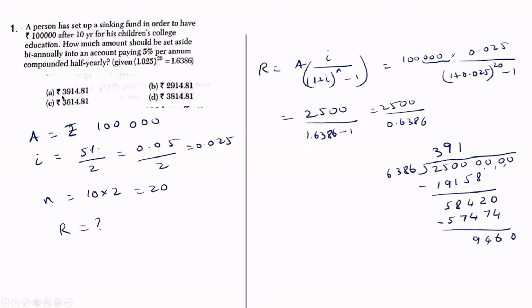So here if we see the options, the first option is 3914.81. So if we are very sure about this division, we can choose option A. But let me complete it.